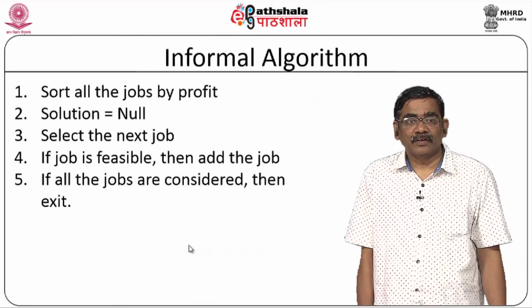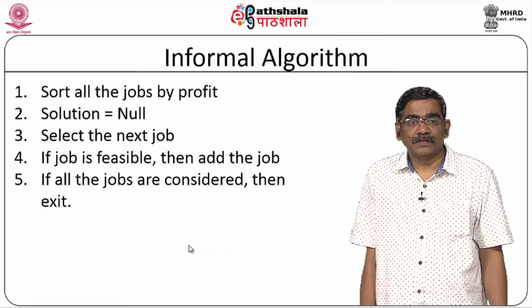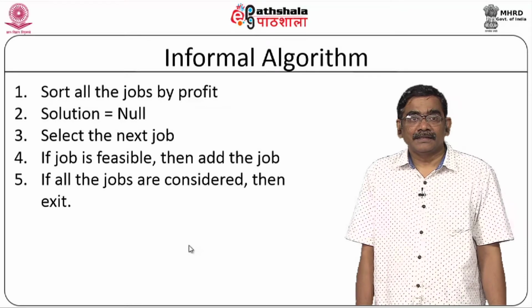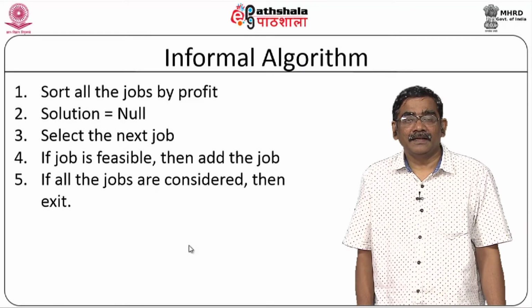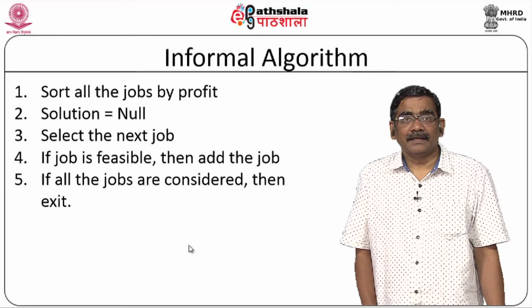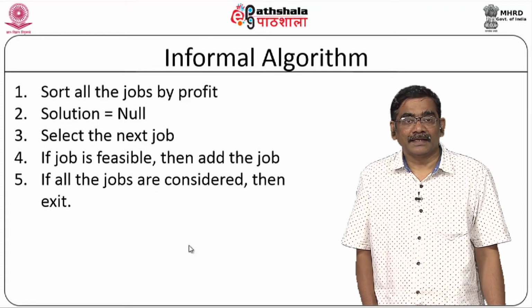So, this is an informal algorithm: sort all the jobs, then check the deadline as part of the feasibility. If that is the case, then you try to schedule that.